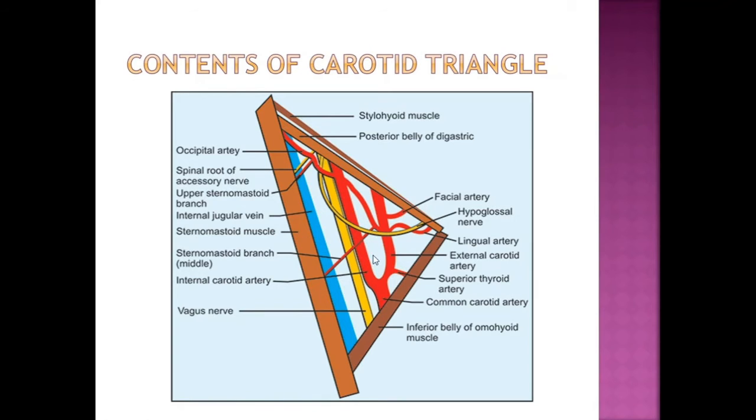So why is the internal carotid artery posterolateral to the external carotid artery? You should refresh the aortic arch arteries. What is the development of the external carotid artery and what is the development of the internal carotid artery?